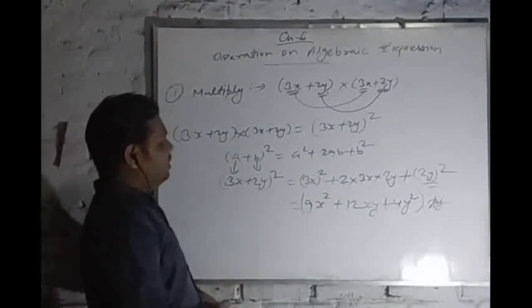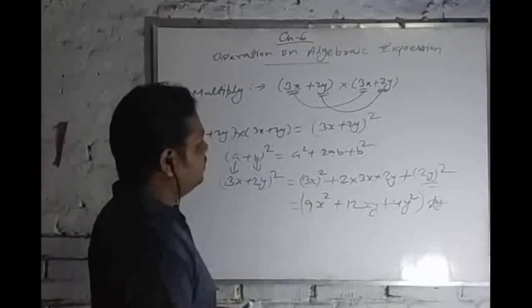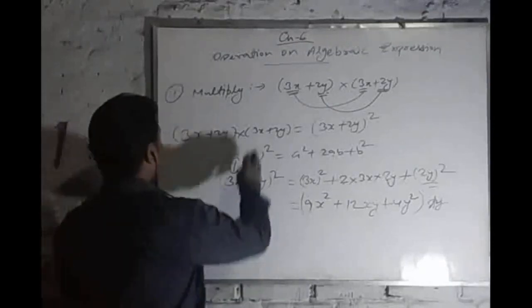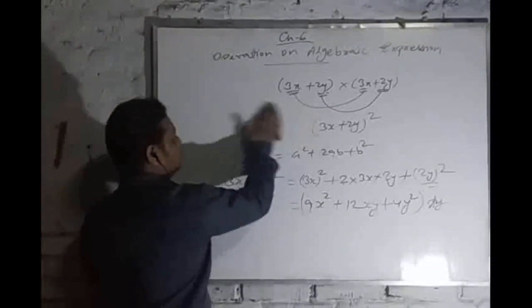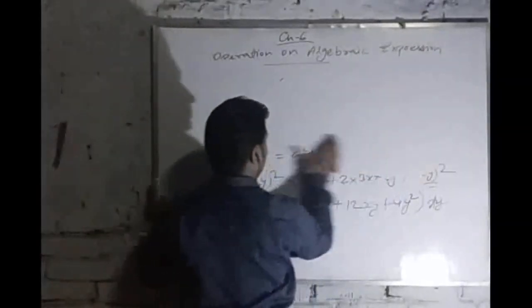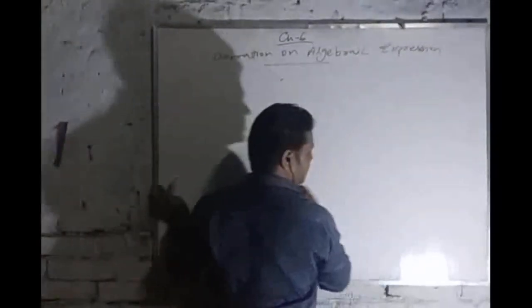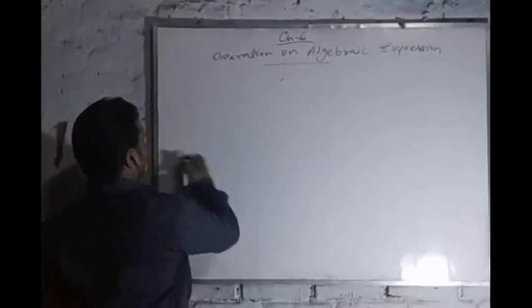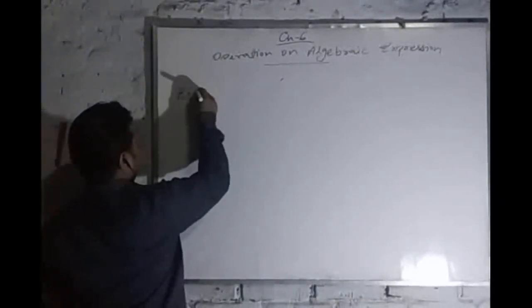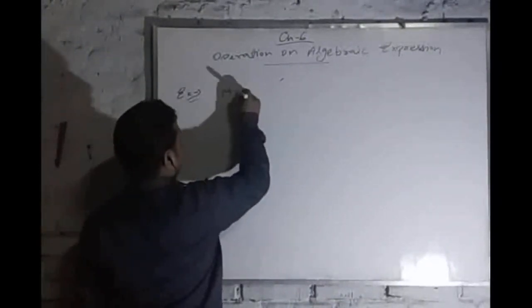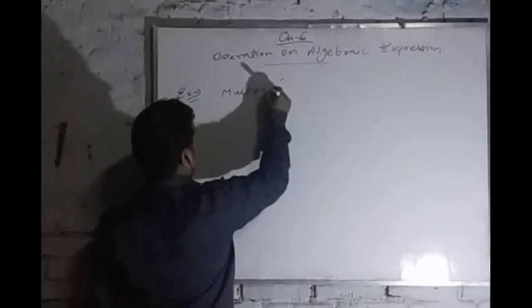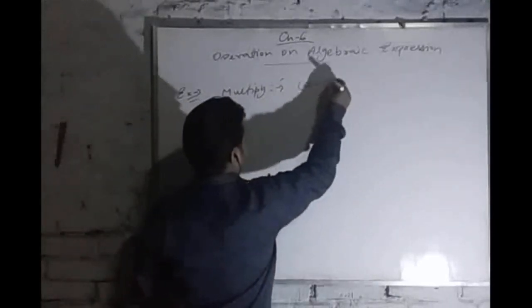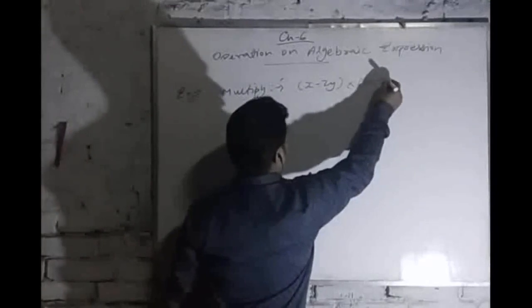Now the next question is based on the second identity. Now if the question is that multiply x minus 2y into x minus 2y.